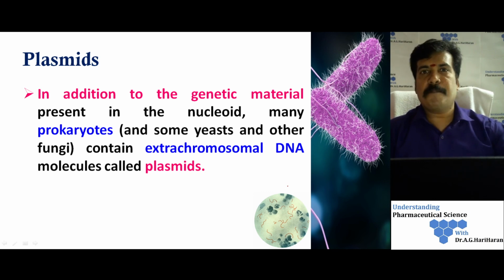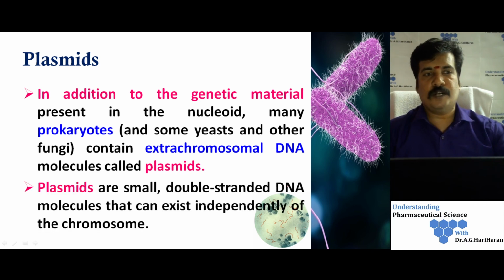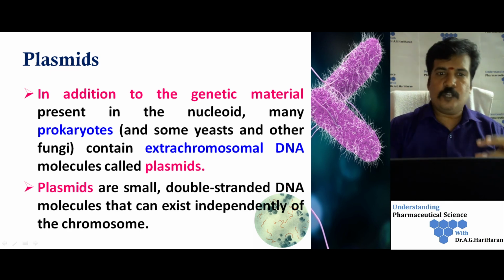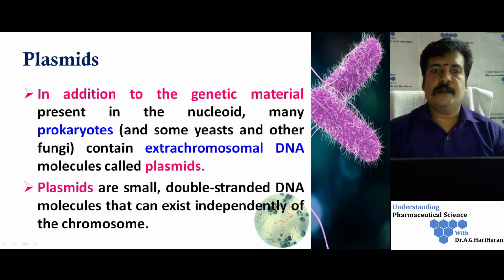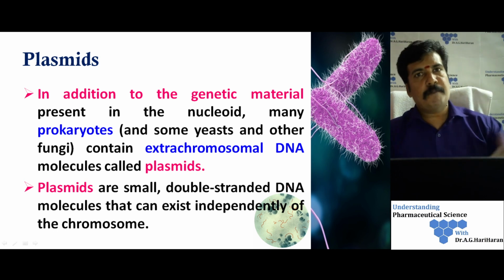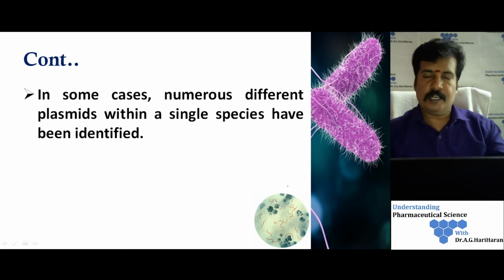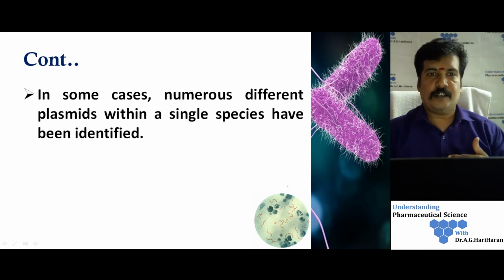This is an extra chromosomal DNA molecule. It is generally smaller compared to chromosomal DNA, circular in nature, and double stranded. It can multiply on its own. This unique characteristic helps it serve as a vector for rDNA technology.